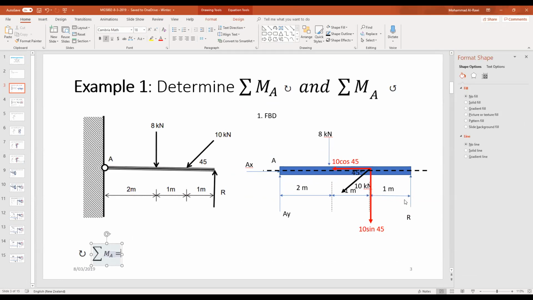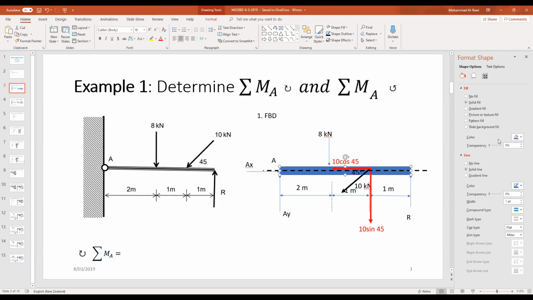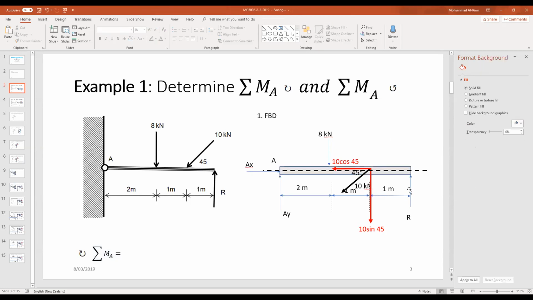So the R, which direction do you think the R will rotate? Can you type, please? The force R, which direction will rotate the beam, this blue beam? I'll give you time to write.